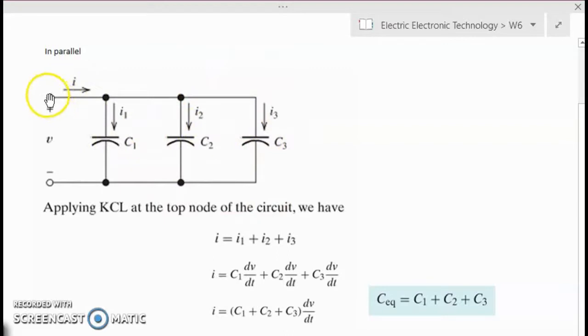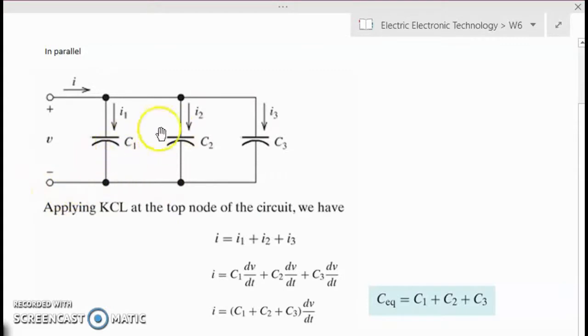We have them connected to a voltage supply V, and then we have a current circulating from the positive terminal into a node. There is one node over here, and then it separates into the 3 branches, with the current separated by the node as I1 in the first branch, I2 in the second branch, and I3 in the third branch. And all the currents are gathered back into a single node at the bottom, and then all the currents go back to the negative terminal of the power supply V.